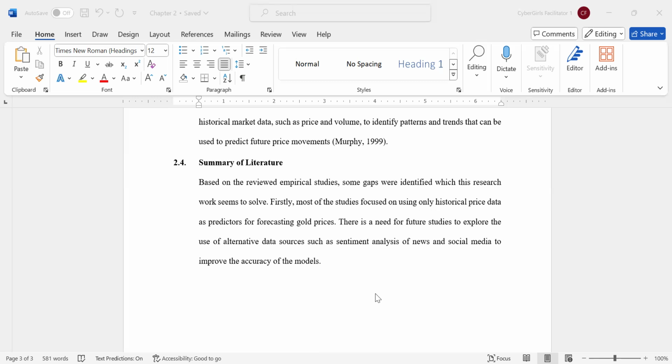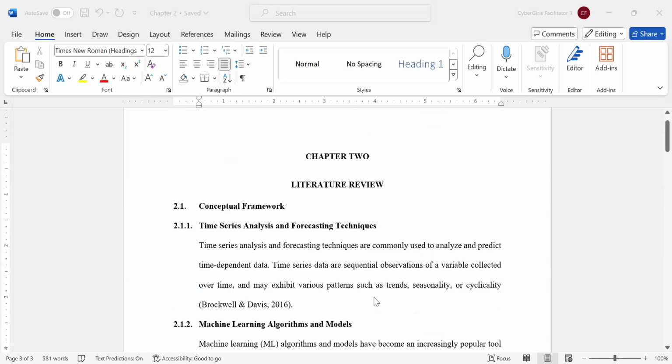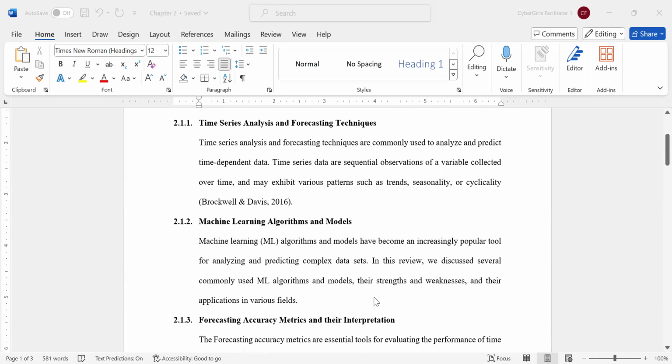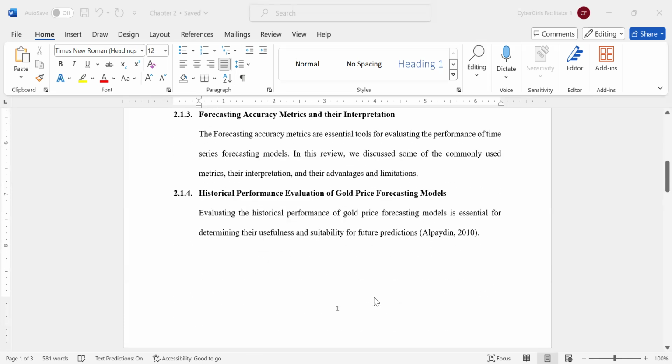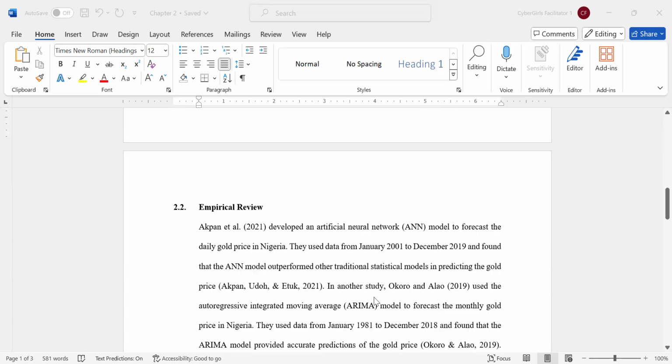So these are the three to four major aspects of your literature review. Remember, the first one is the conceptual framework, where you have to define and explain or review concepts that surround your work, right?